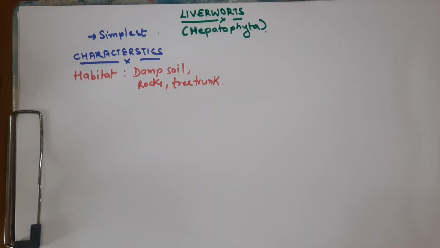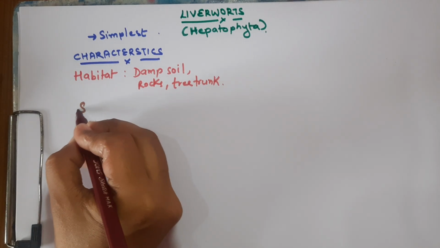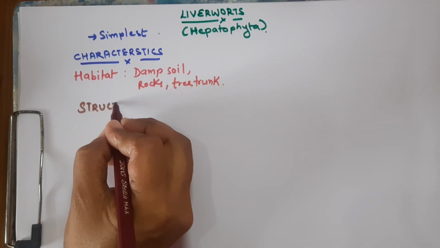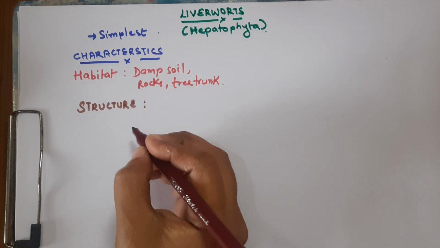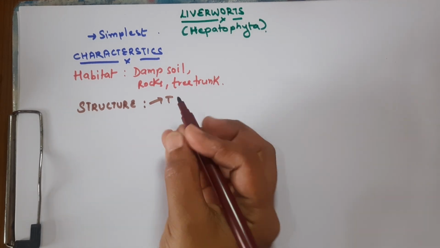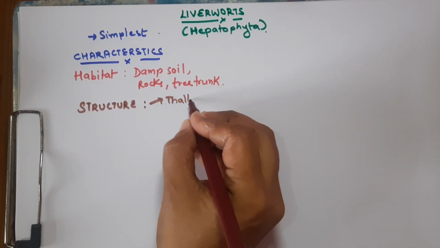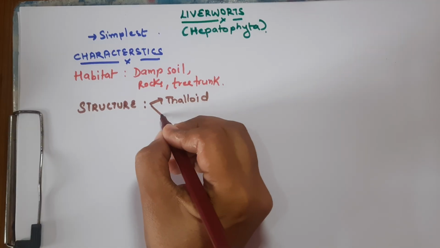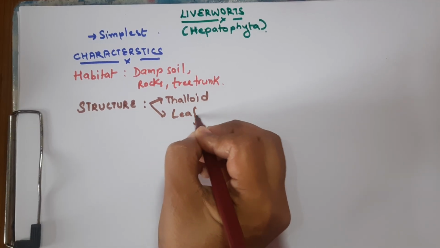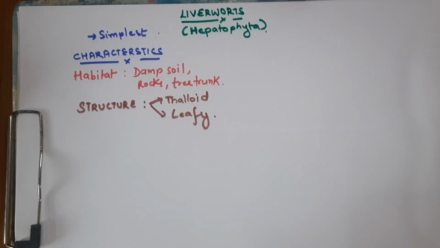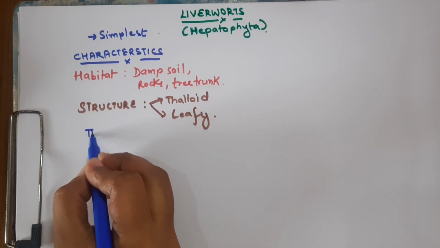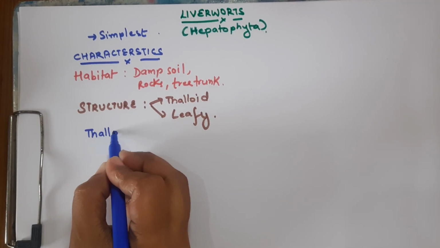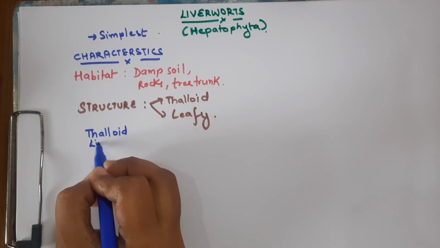If we talk about the structure, the liverworts are of two types. The first one is thalloid, and the other one is the leafy liverworts. Let's talk about the thalloid liverworts first.